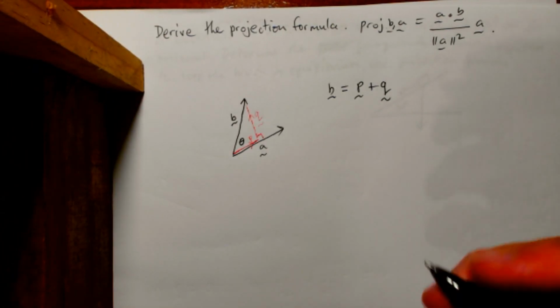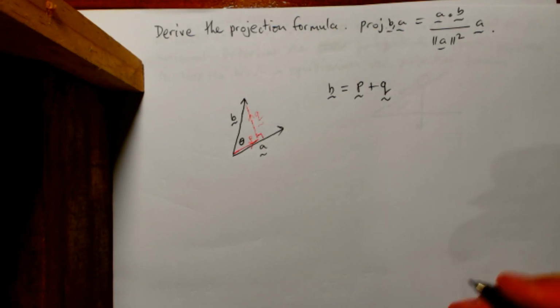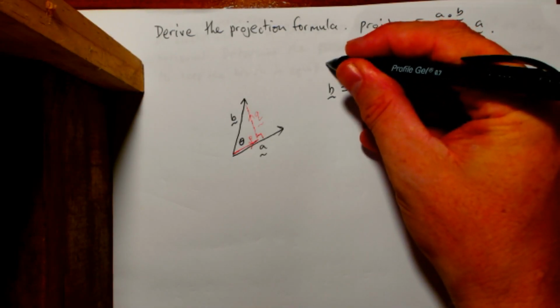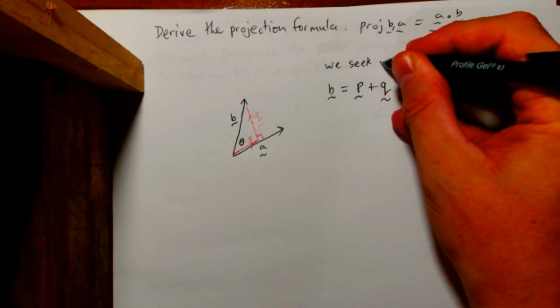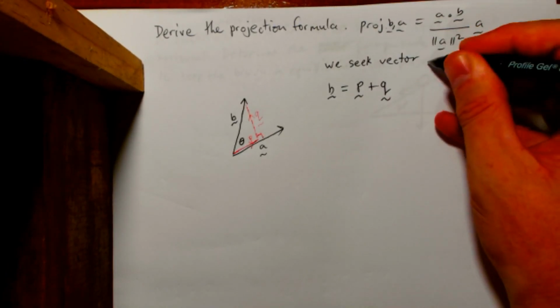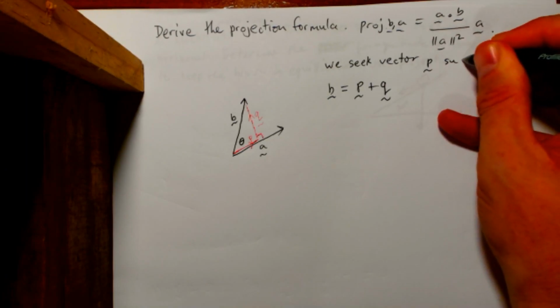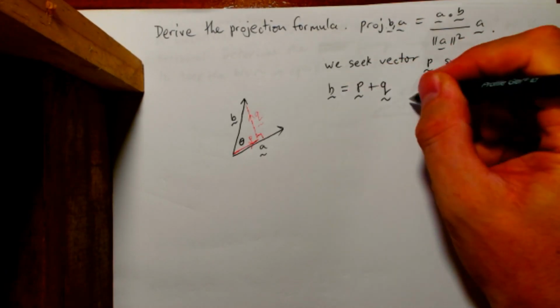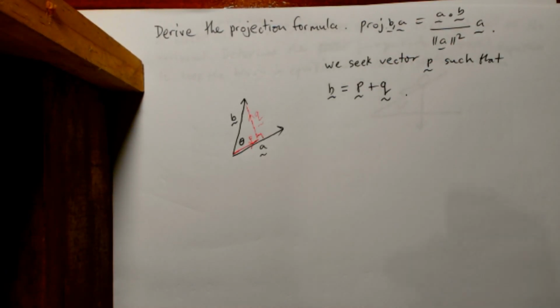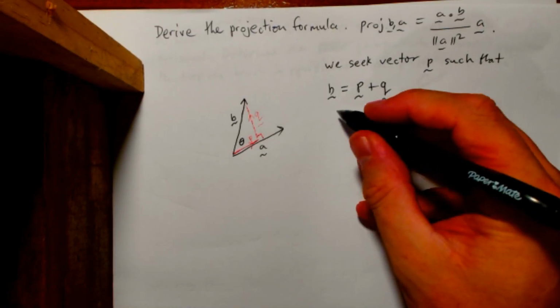Okay, so what we want to do first is find another way to represent P. Alright, but we'll say we seek vector P such that this is satisfied. Alright, so let's now rewrite what P is.